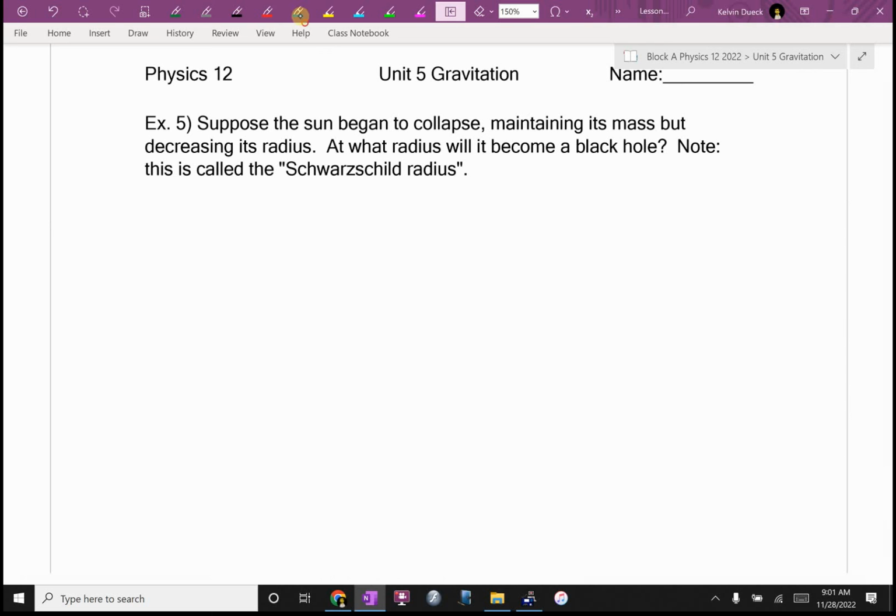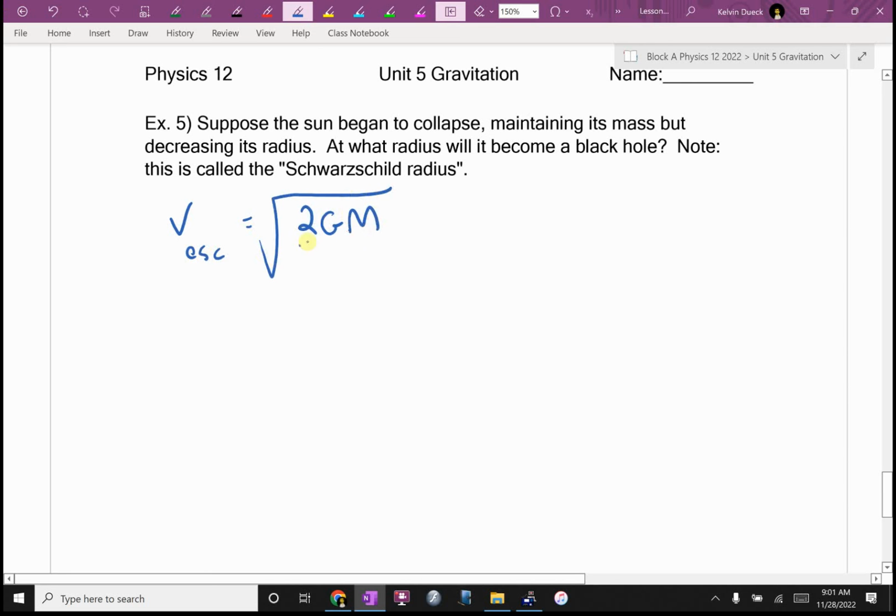So we're going to start off, again, with escape velocity. We're again going to get the r by itself, square both sides. We get v squared equals 2 big G big M over r.